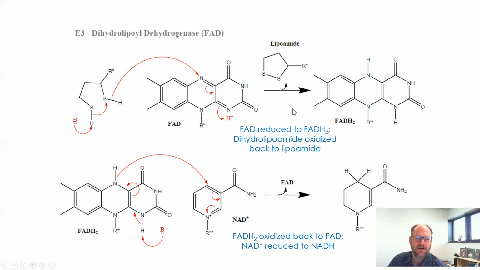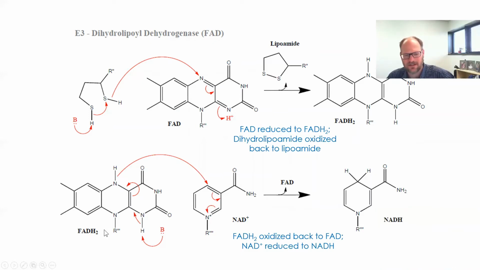Okay. So you have a hydride and a proton being picked up, and that's ultimately making our FADH2 and our fully reoxidized lipoamide. Okay, that's ready for chemistry. Now the FADH2 isn't done yet either.